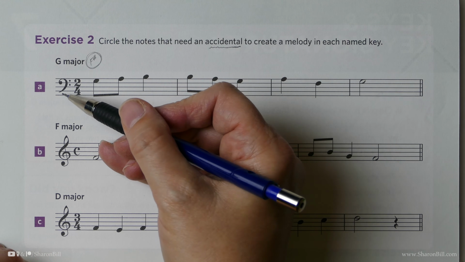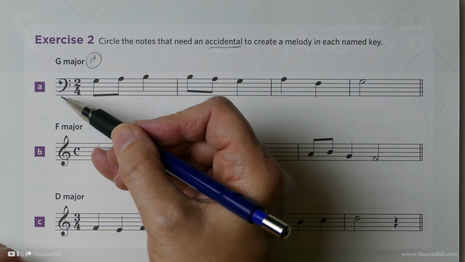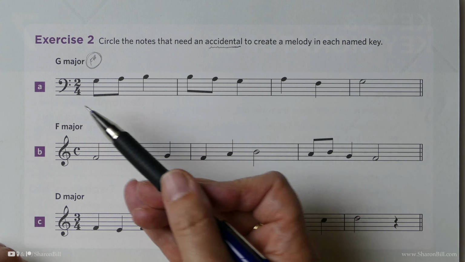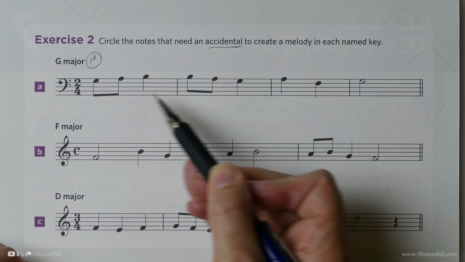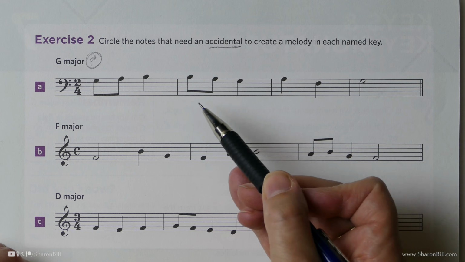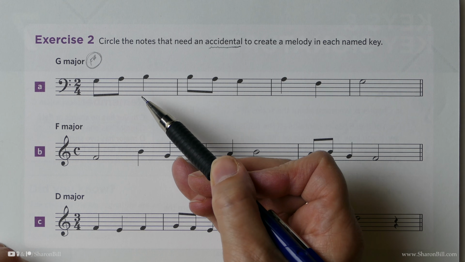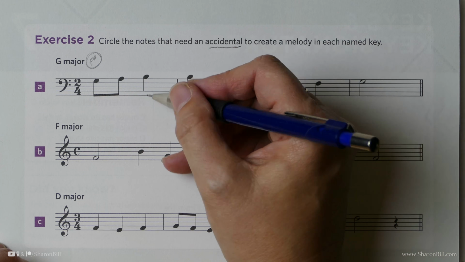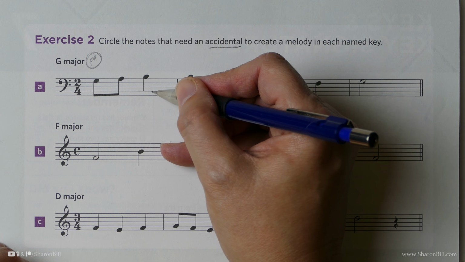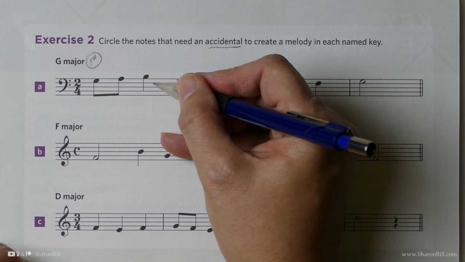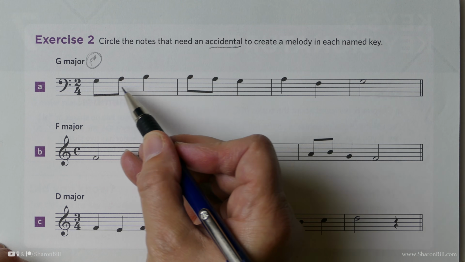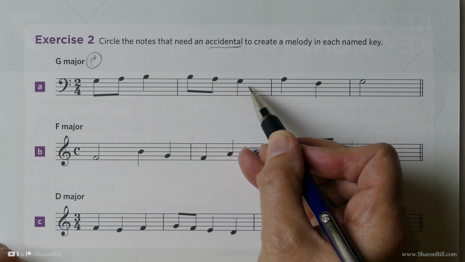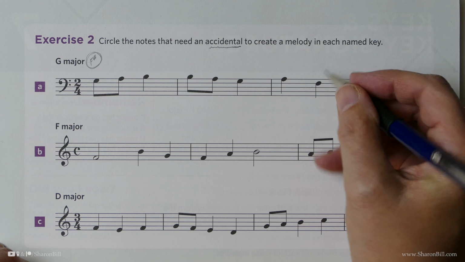We're in the bass clef here, so we need to find every single note F because it should be sharpened, and at the moment it isn't. So they are the notes that would need altering by adding an accidental. In the bass clef, we know that the lines go, good boys deserve football. F is the second line down. So there's no F here until this note here.